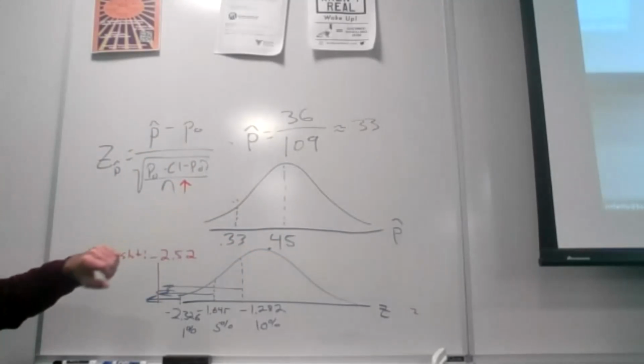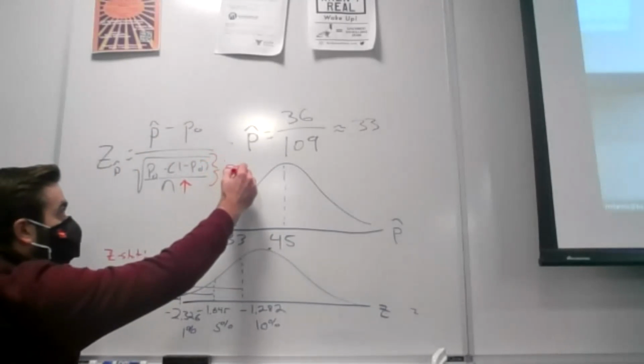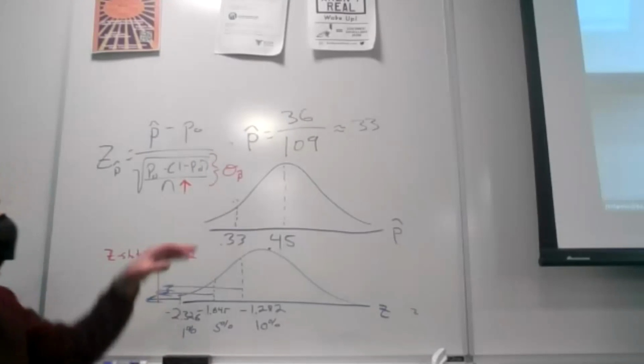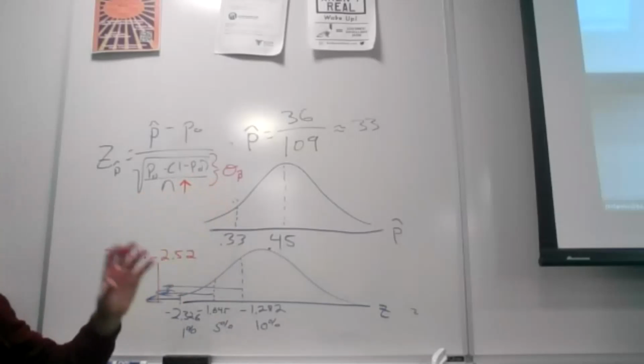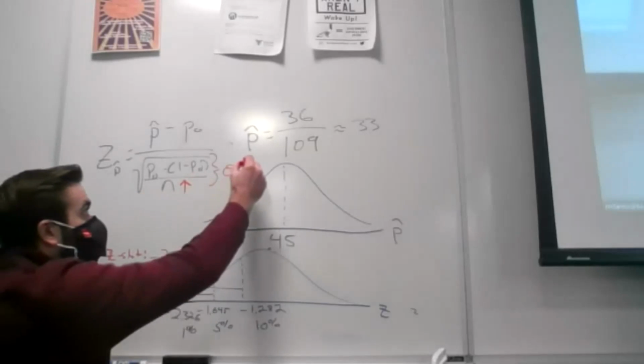If my sample size goes up, what's going to happen to this denominator? Remember, this denominator is the standard deviation of my sample proportions. Well, as we take higher and higher sample sizes, this standard deviation, or think about it as the variance, will go down.